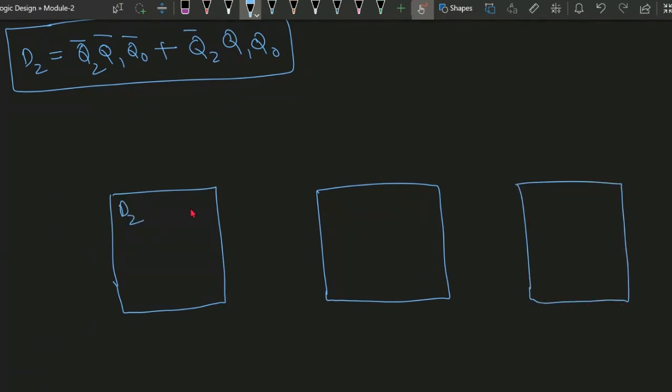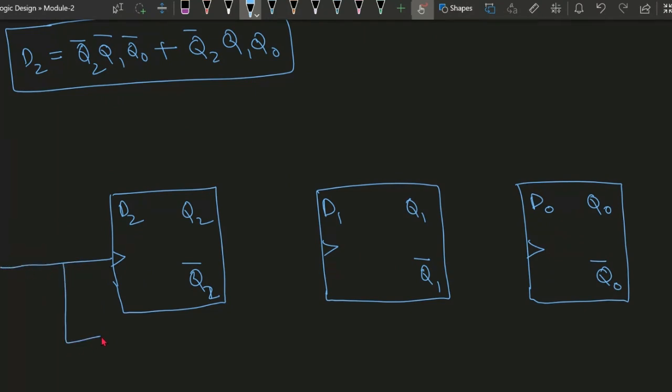This is D2, Q2, Q2 bar. There will be the clock. D1, Q1, Q1 bar. There will be a clock. D0, Q0, Q0 bar. There will be a clock. The same clock will be connected with all the flip-flops. This is the clock.